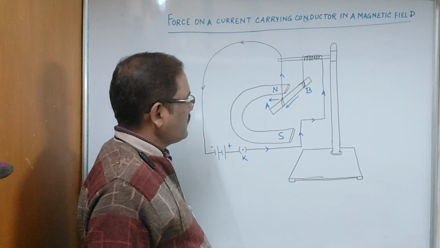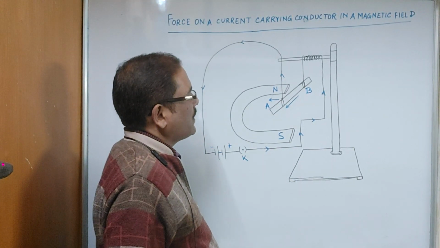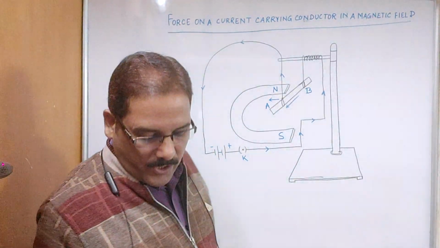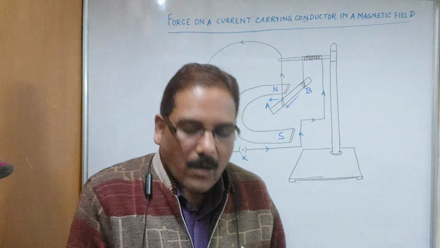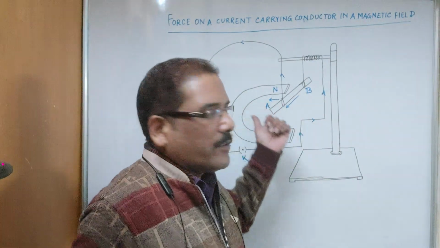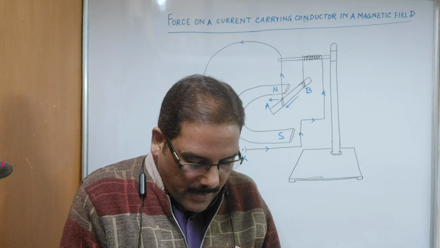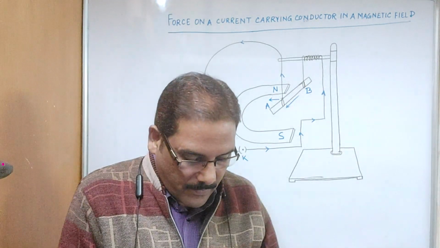As the current flows through the wire, you will observe that it is deflected towards the west direction, or you can say towards the left. You will notice that the rod gets displaced.